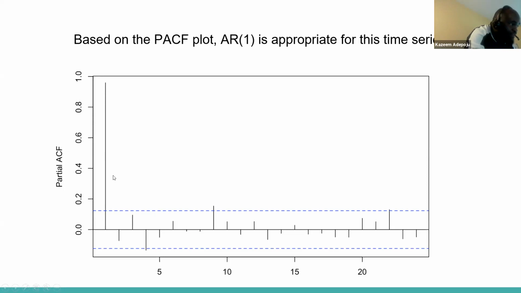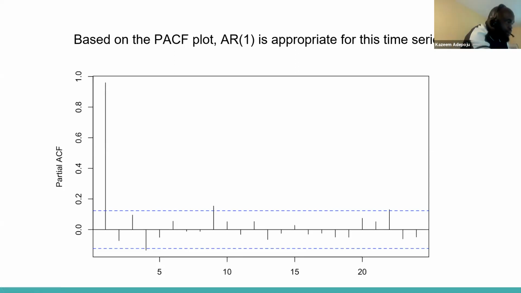It cuts off at lag 1, and after lag 1, that's why I say AR1 is appropriate for this time series. Though some of you will be saying, what about this one here? But I told you yesterday, you can see that immediately after this one it cut off, though we have something here.